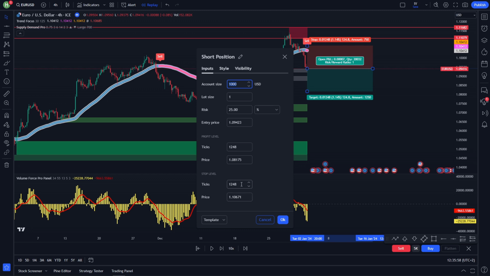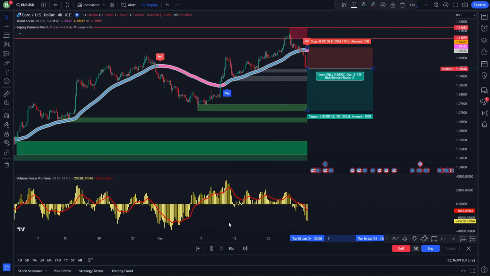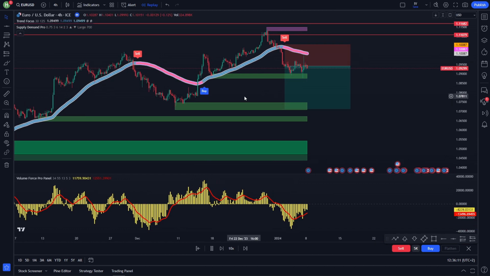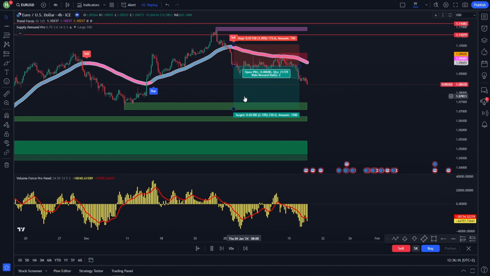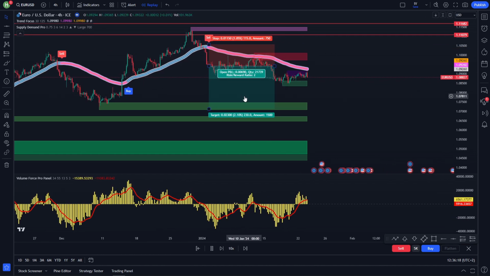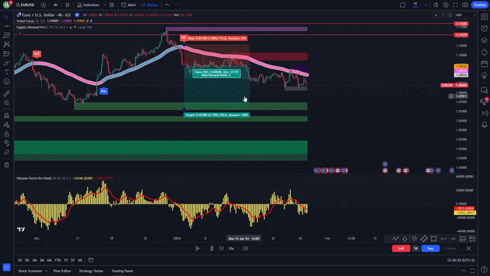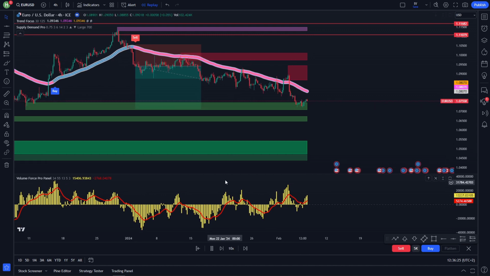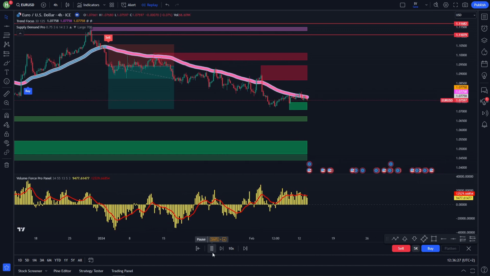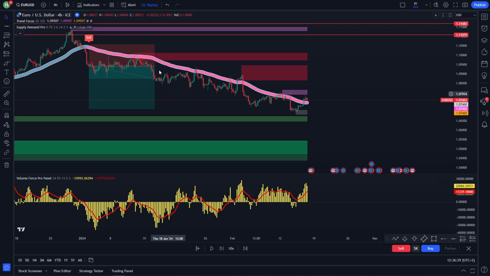For the sell trade, I will place my stop loss above the trend focus line at 115 pips and aim for double the return. What this means is for this example, my take profit will be set at a nice 230 pips. By combining these free next generation indicators and cross-checking our analysis against them, we have created a complete swing trading approach that covers supply and demand zones, trend analysis, and momentum.